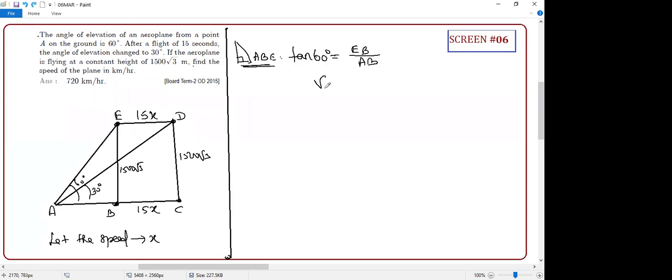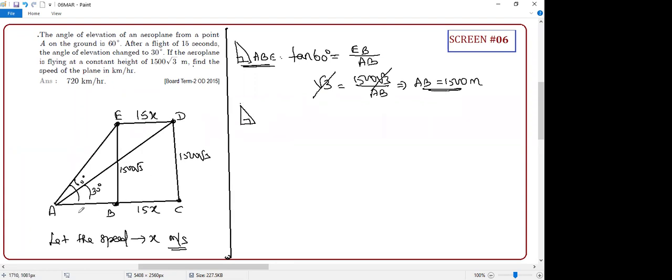Root 3. Equal to what? EB by AB, EB equal to 1500. So tan 60 is root 3 equals 1500 by AB. So now tell me AB equal to what? 1500 meter. Clear or not? You can say this is meter per second. So no need to worry. X meter per second. So guys, one triangle over.